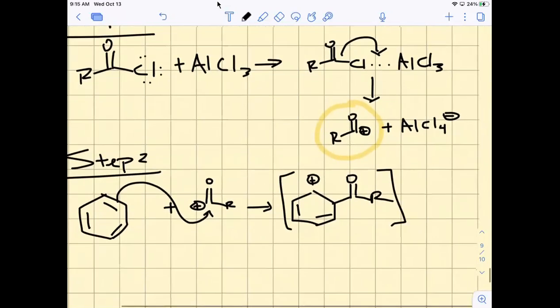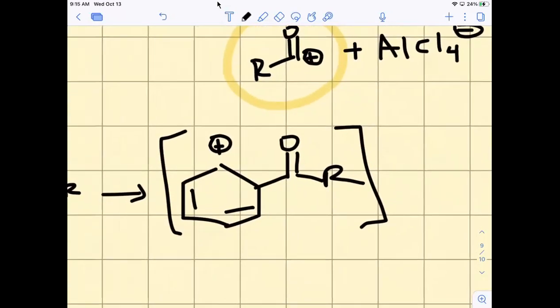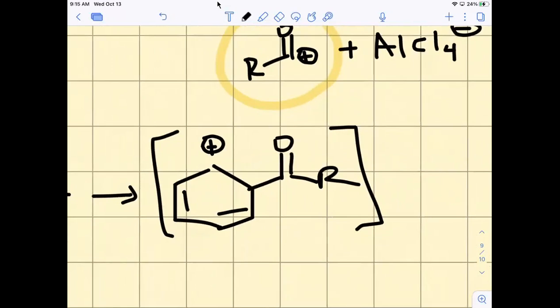What happens with the arenium ion? What's the next thing that has to happen? The hydrogen will move over? No, it's not going to migrate because remember, there's a hydrogen over there already. So we need to reestablish, make it fully conjugated again. We do that through an elimination, right?